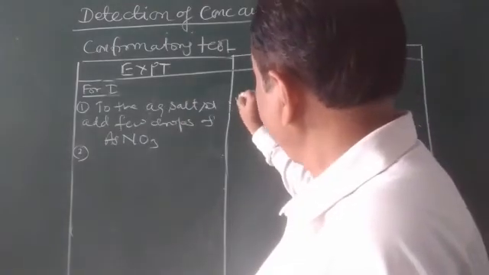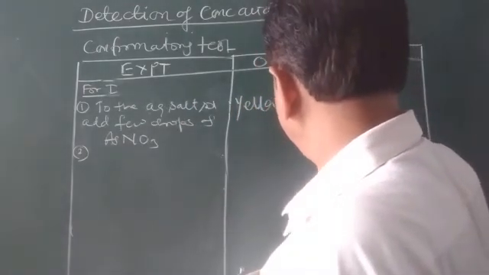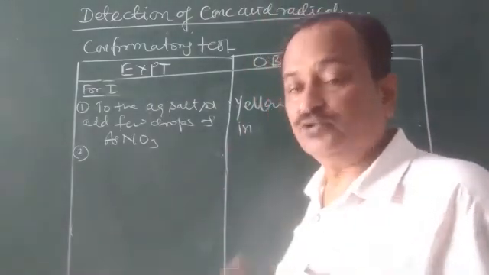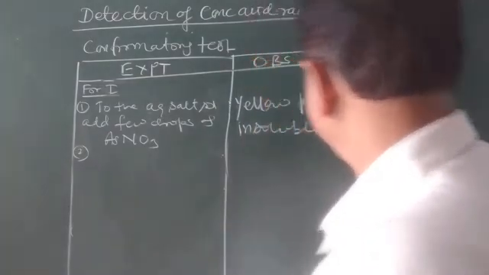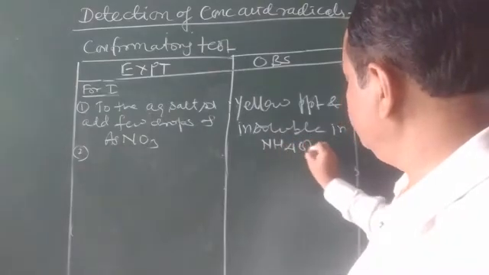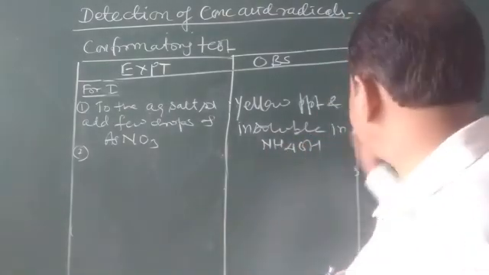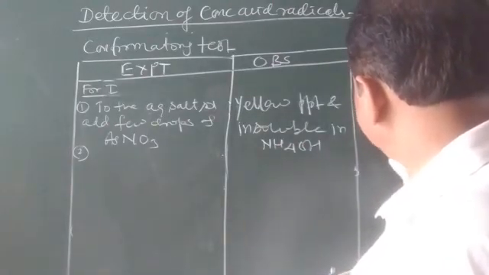Here we get a yellow precipitate, insoluble in NH4OH. In case of bromide, it was partly soluble. Here it will be insoluble, and so iodide is confirmed.